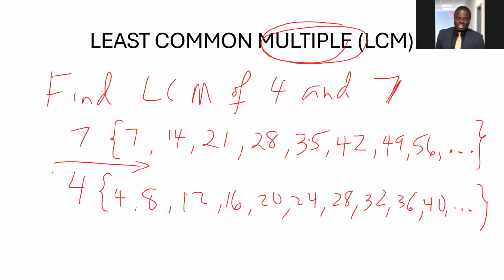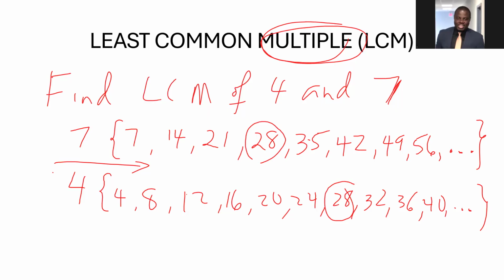Nope. 14? Nope. 21? No. 28? Yes. Is that the least common? Yes, it is the least common multiple of 4 and 7.